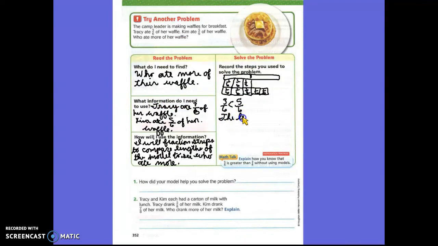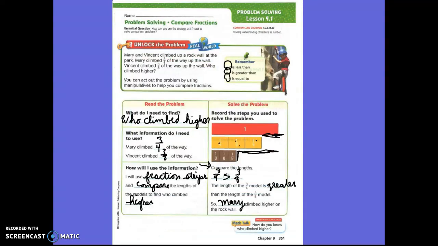The length of the 5/6 model. And I'm getting this from the previous page. I'm just changing this because our number is not 3/4, it is now 5/6, that is greater.